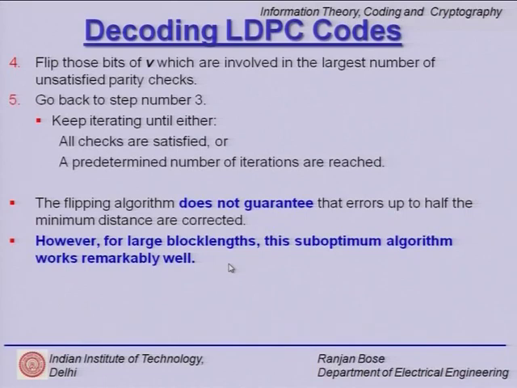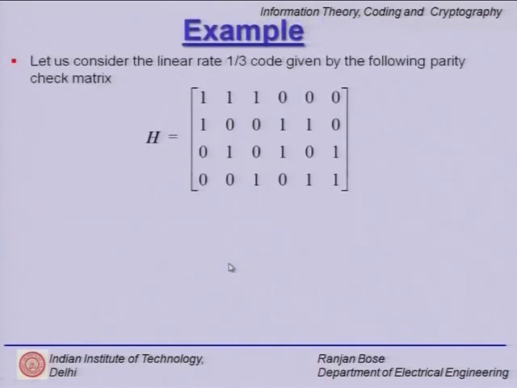So, let us look at a very simple example. This is the rate 1 by 3 code. So, if you can see that this is n minus k and this is n. So, this n is 6, all right, and this is your parity check matrix. Here every column, if you see, has r equal to 2, and if you observe every row, s equal to 3 ones are there.